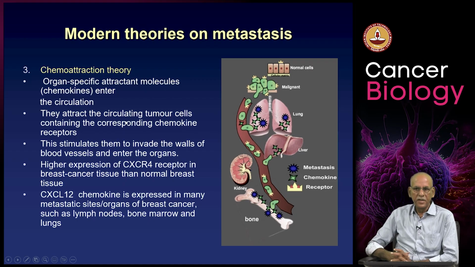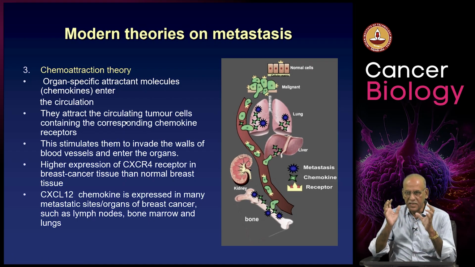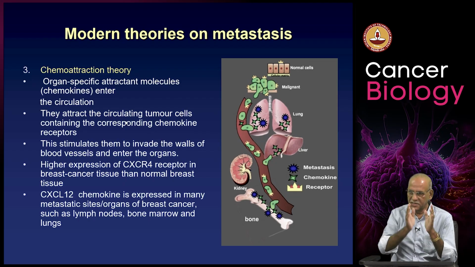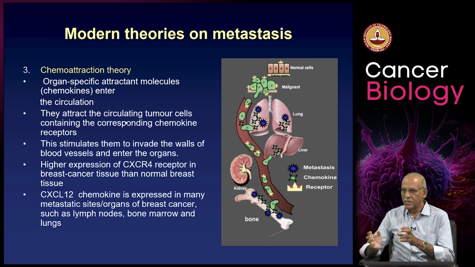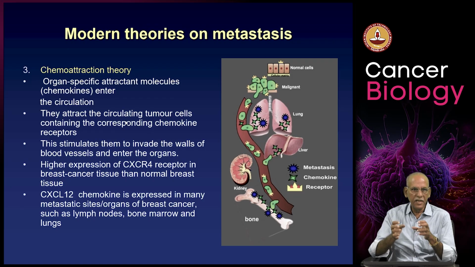What it means is, the cancer cells have certain receptors and certain tissues express the corresponding ligands, so they will only go to those tissues which have the chemokines or the ligands. You have the receptor on the cancer cells, you have the ligand on the target organs. So, it is now understandable that they will be attracted only to those organs, and that is why they go to lungs or bone or brain and so on. They are said to be the preferred secondary sites.